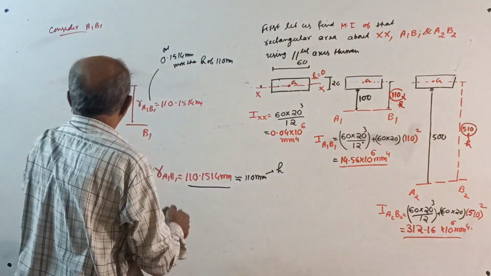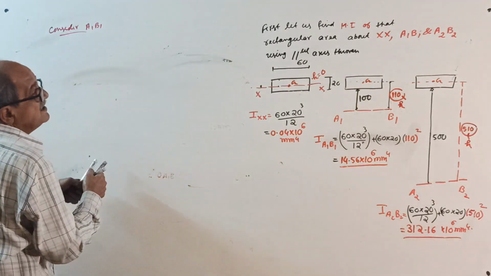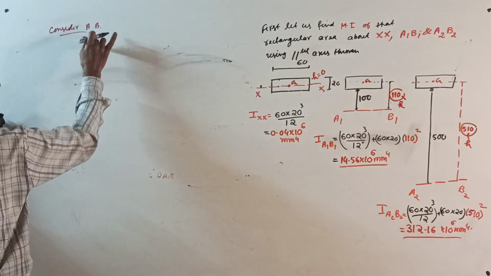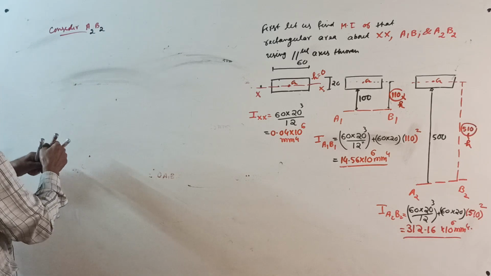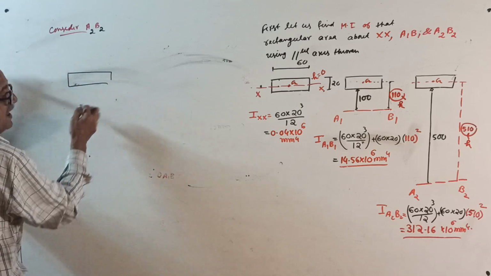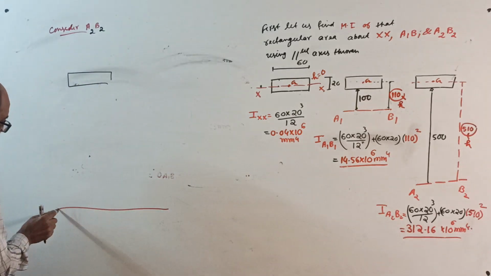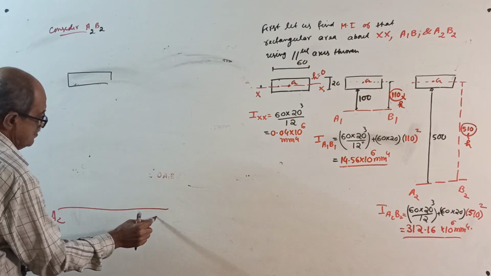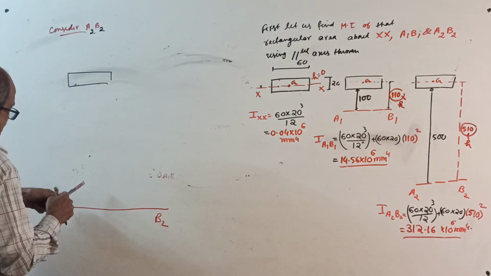Now see the last one. In the same way, consider the last case, A2B2. Now see what happens, you will get a beautiful answer. Again I project here. Your axis is somewhere far, far away, A2B2.